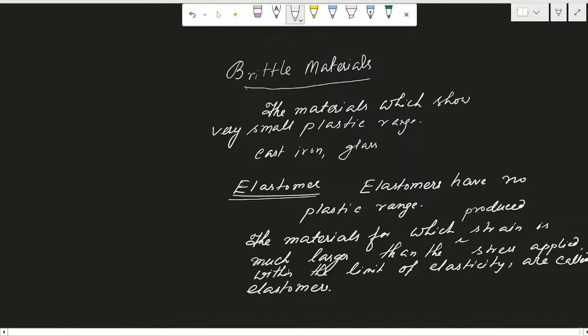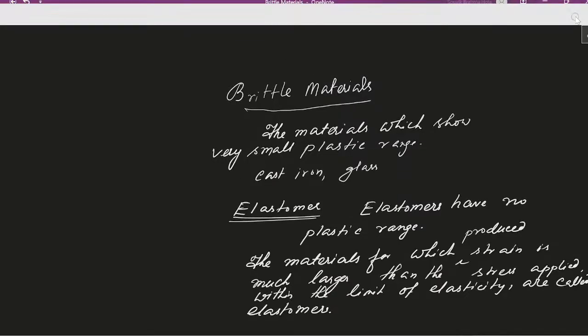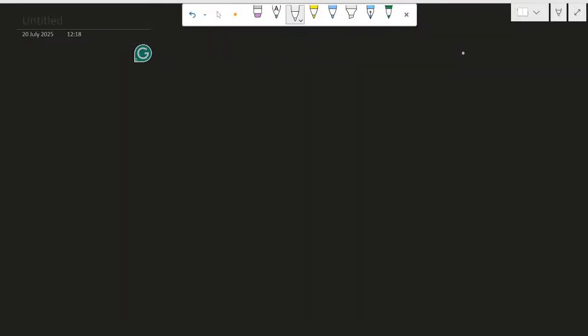Now we do have one concept that is about elastic potential energy in a stretched wire. Just look at this concept very carefully.